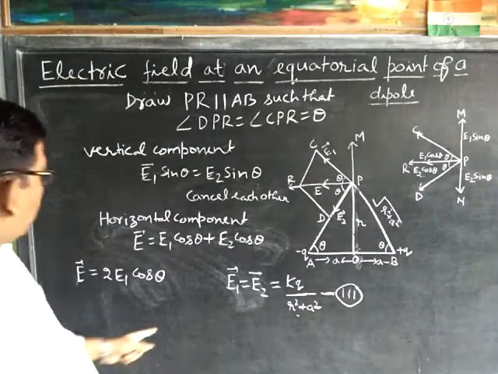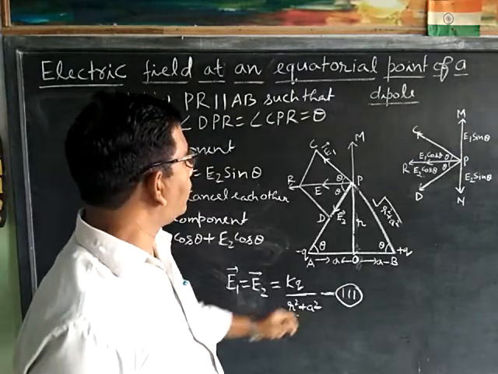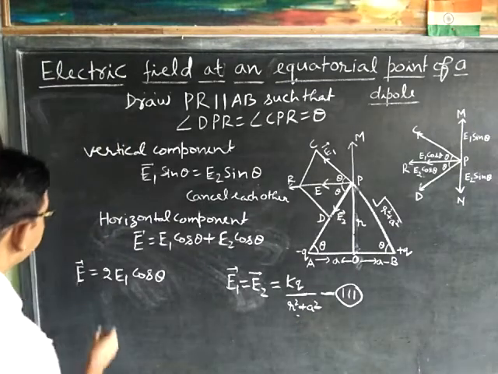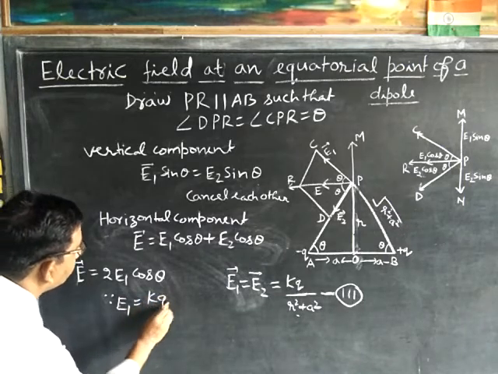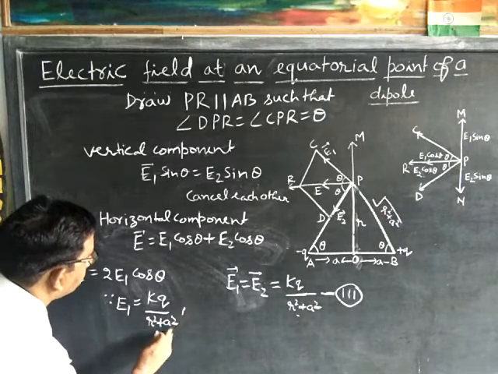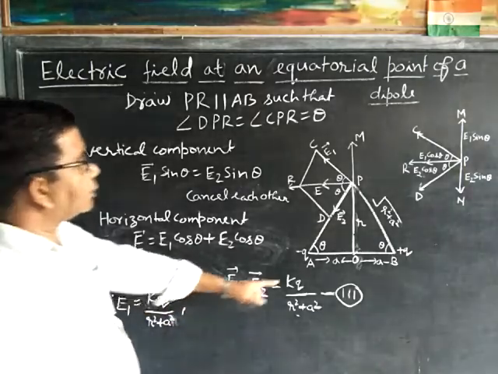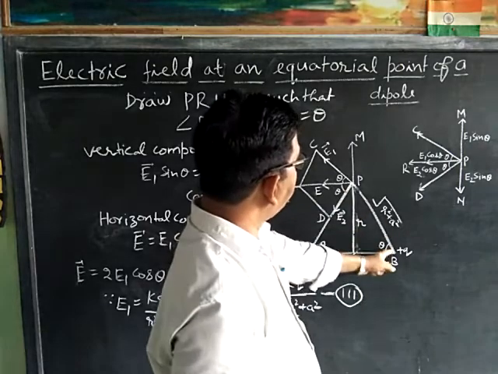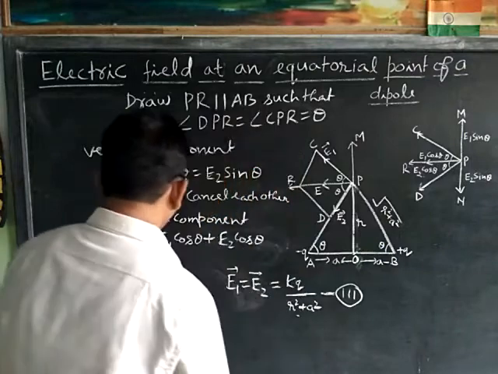Now what is the value of E1? E1 is equal to KQ upon r square plus a square, and cos theta is equal to base upon hypotenuse, that is a upon under root r square plus a square.